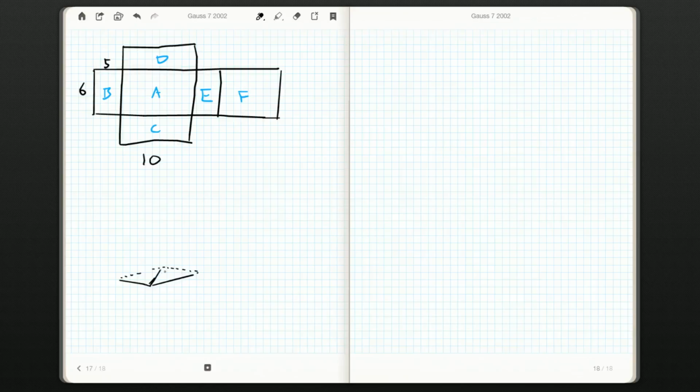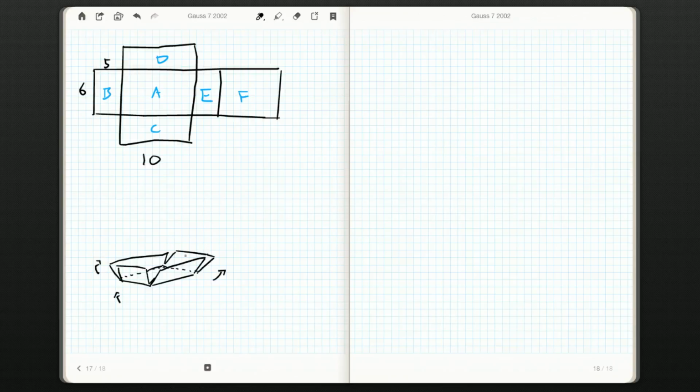And we would be folding up each of the extra pieces. So each of the pieces folds up.